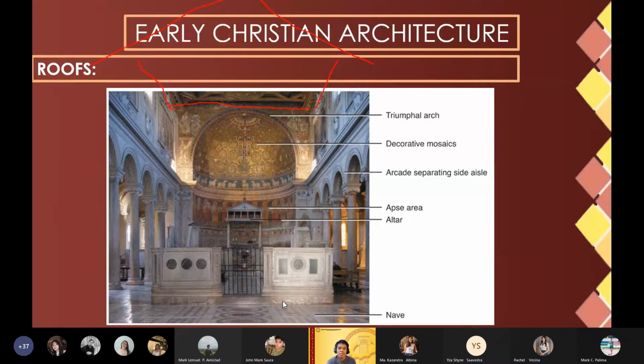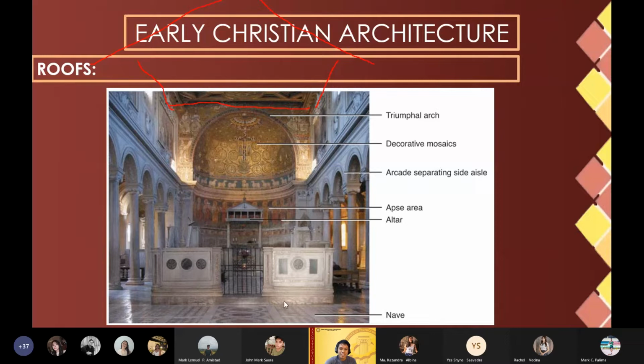For the plan, they use the basilica. They used the basilica from Roman architecture and converted it into a worship shelter. For the walls, they use bricks. For the openings, they have many openings. For the roof, they use timber. Any questions so far?